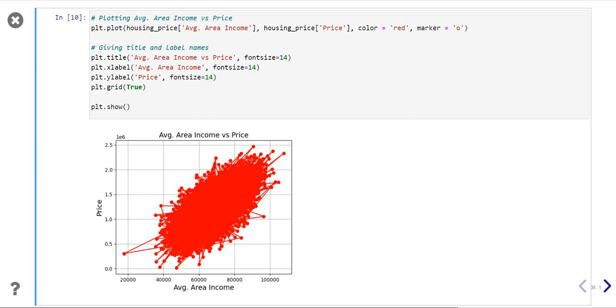You have a lot of lines. Does the line convey anything? When you use a line chart, does it help? In this case, with the average area income and price, does it help compared to the previous one when we were using a line chart?